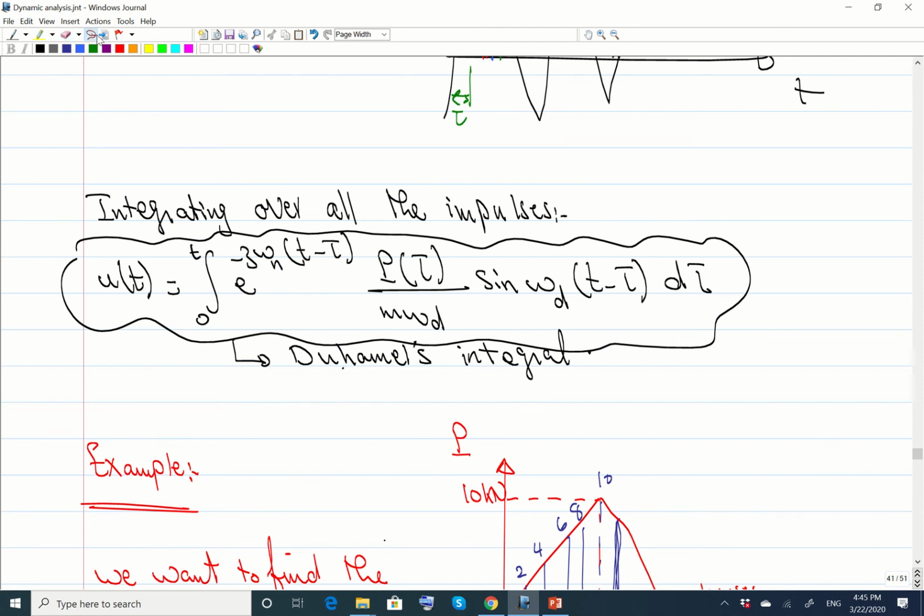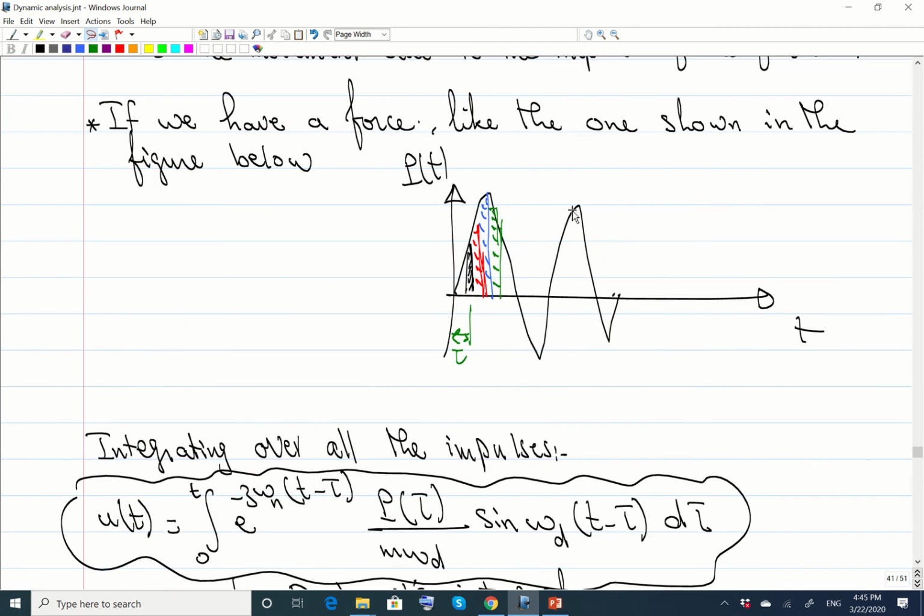I hope you understand this part. What do I mean over here? To find the displacement at that point, the displacement will be due to all the forces applied on the structure up to that point. The forces applied after that time are not going to give a displacement at that time. What do I mean? I have an object and there is a force applied on that object.